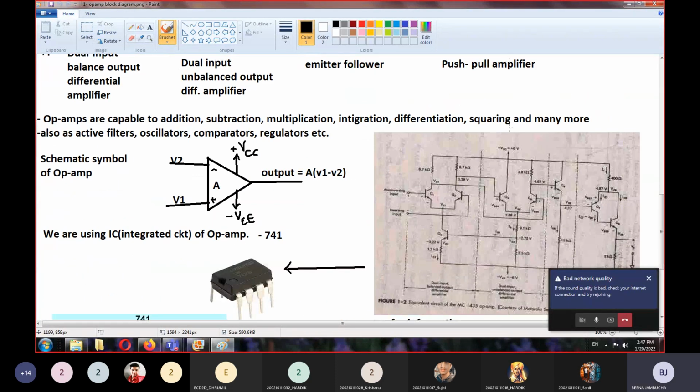So op-amps are capable of doing addition, subtraction, multiplication, and so on, whatever I have just described. This is the schematic symbol of the op-amp. So it's a triangle, as one of the inputs will be inverting and another input will be non-inverting, right?